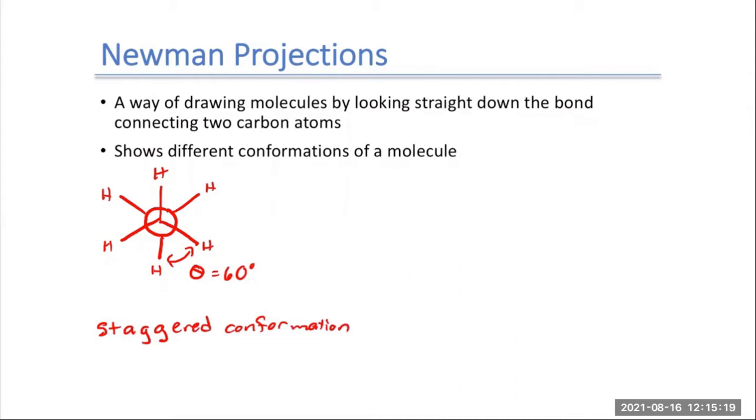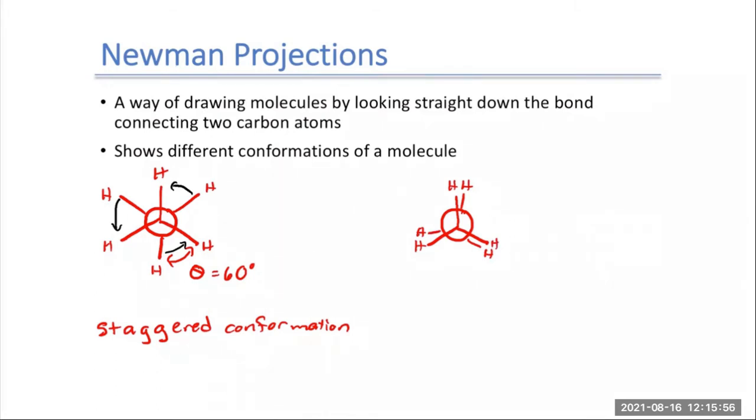Another type of conformation we can have for ethane is if we take that back carbon and I'll rotate all the hydrogens. So when I rotate all the hydrogens 60 degrees, now they're all directly behind the hydrogens that are in front. And we draw it just ever so slightly to the side so we can see it.